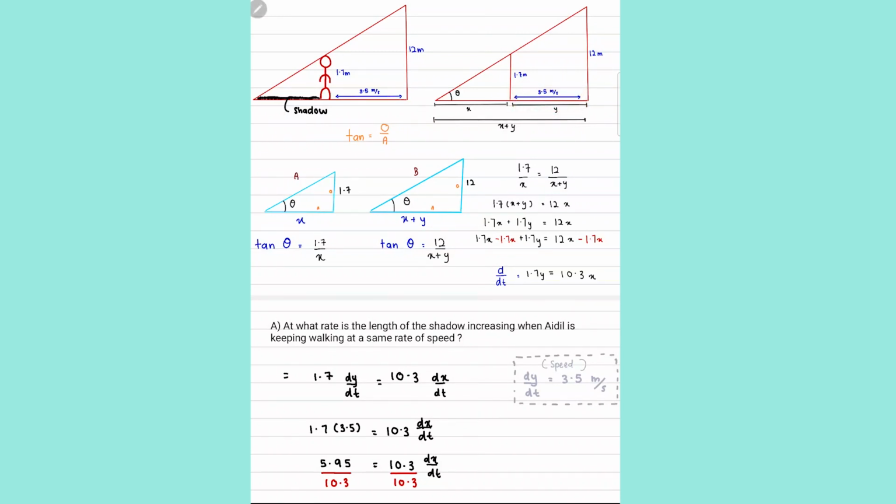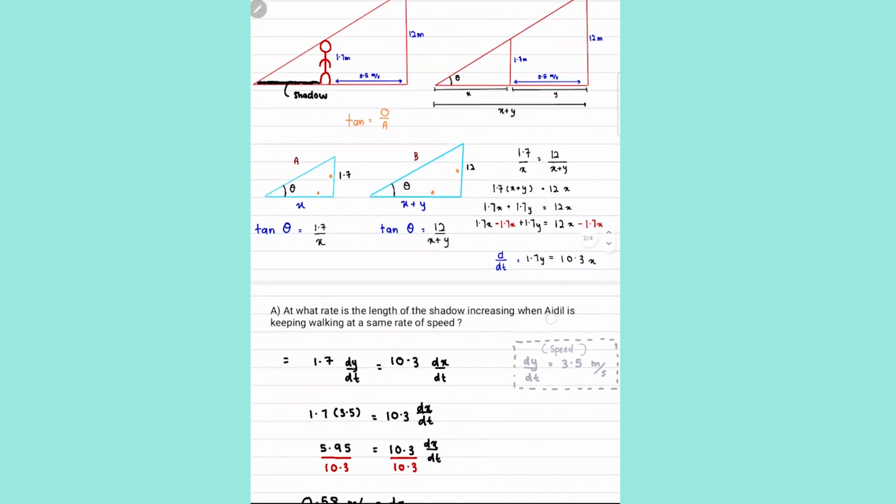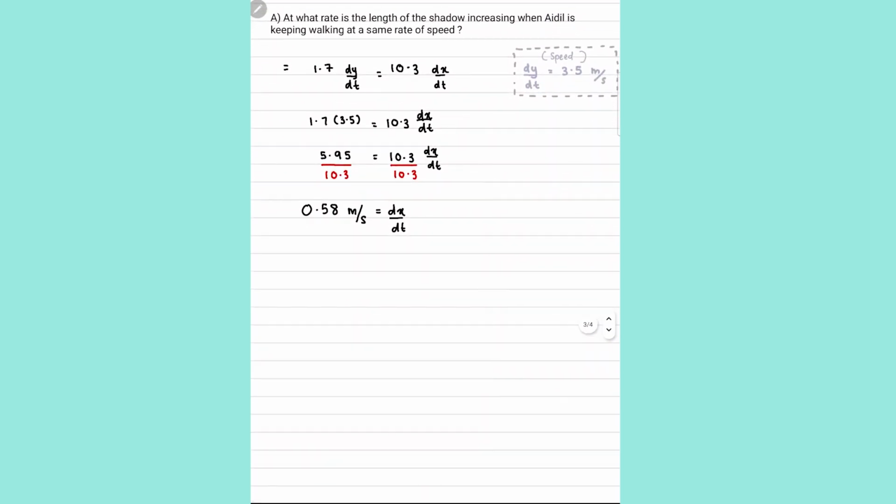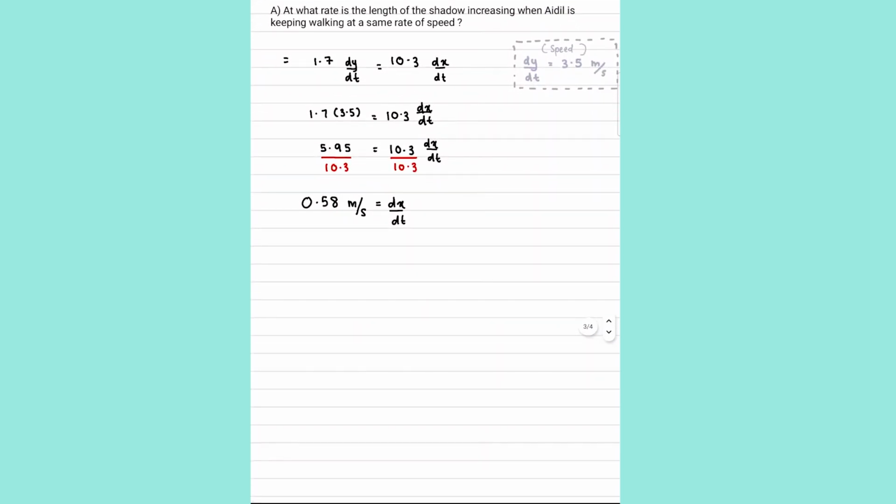So our dy over dt is going to be 3.5 meters per second. So we can simply substitute it into the equation, which is 1.7 times 3.5 equals 10.3 dx over dt.